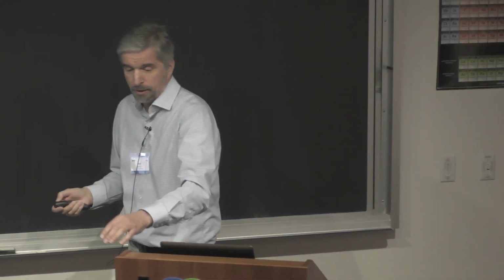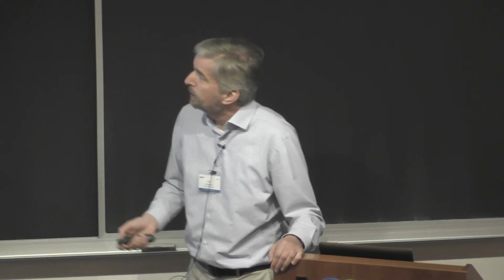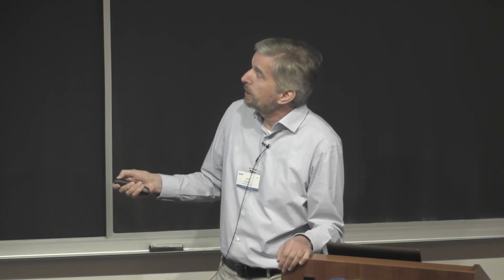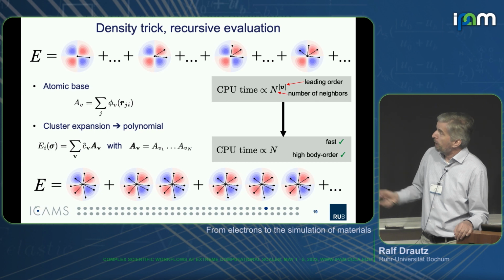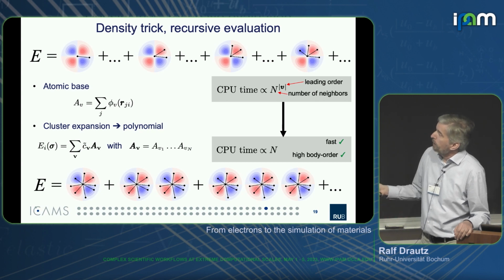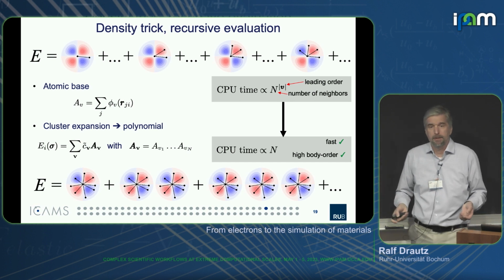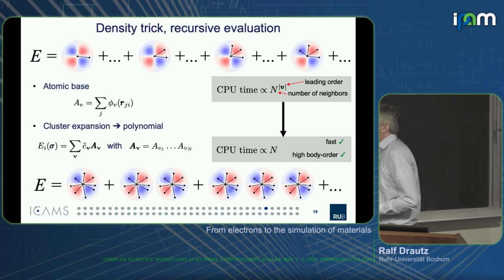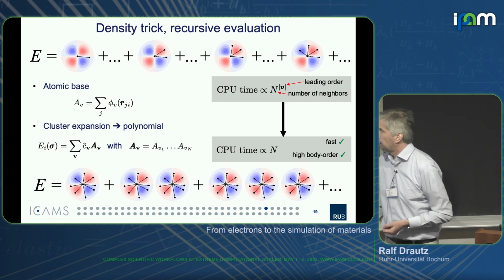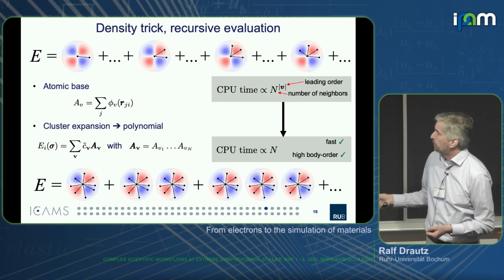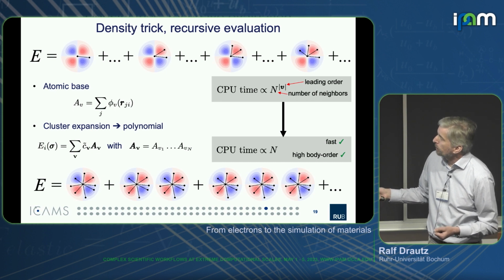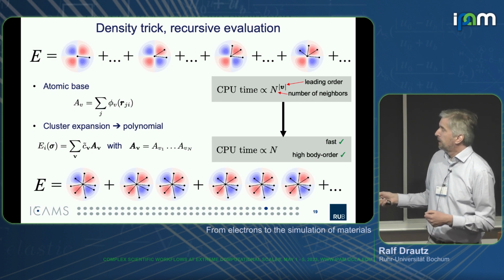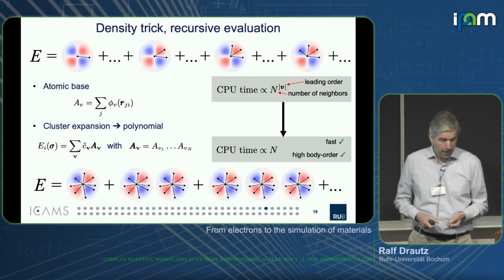So I just show this in a more illustrative way maybe once more. So we start with pairwise 3-body, 4-body, 5-body terms, where we have a very poor scaling with the number of neighbors. So n to the power of 5 with the number of neighbors, which means that wouldn't be an interatomic potential, would be far too slow. Then we just reorder, we exchange multiplication and summation, and we get product terms, essentially a polynomial, and this is what we call here atomic base, that is linear with the number of neighbors.